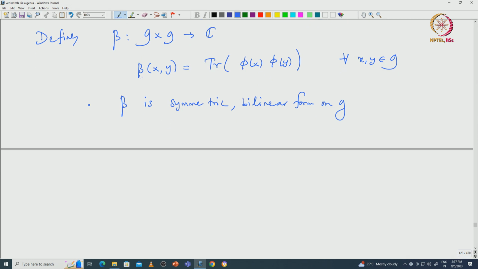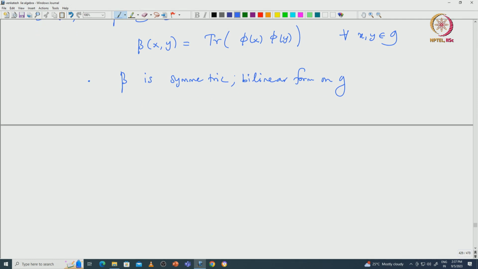Now, because beta(x, y) is given in terms of the trace, using the trace property one can easily check that beta is also associative. This is something I leave to you to check. What is the meaning of associativity?